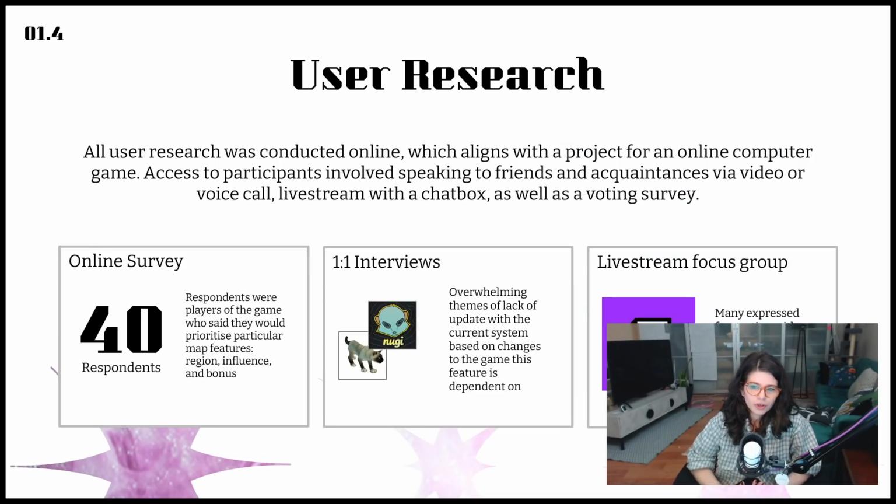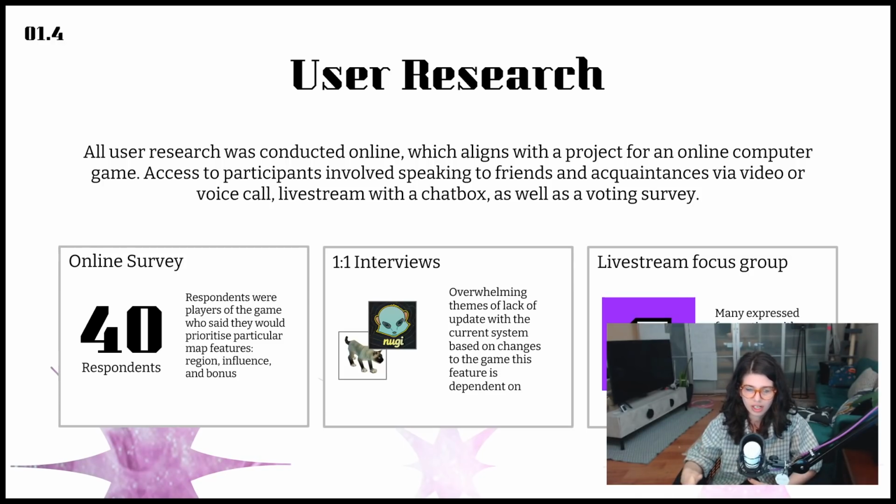After defining what this problem is, it's really important to go about doing the user research process. So I'm a player of this game. I can't actually base everything on my own opinions though. As a designer, I need to be unbiased, and it's really important to talk to other people and see what they think about it. So I did three different types of research.